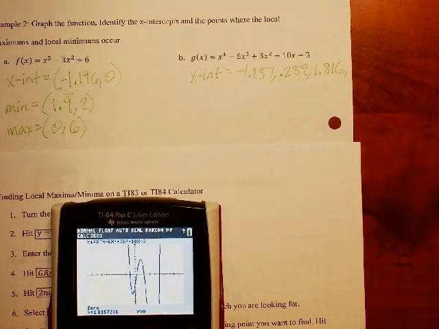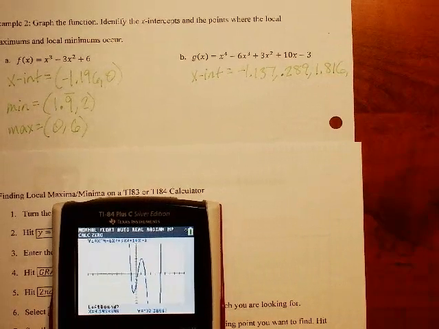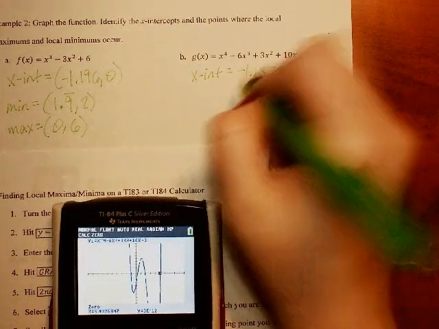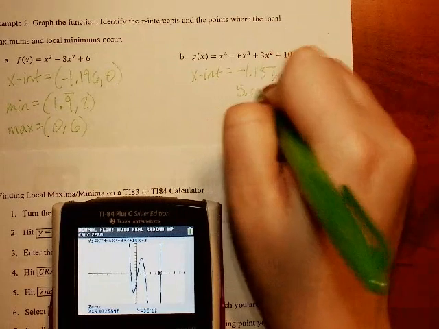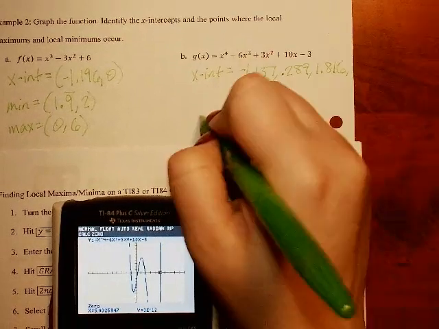And then for this last one, I get 5.033.